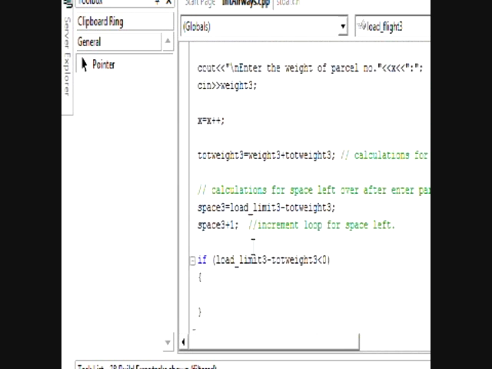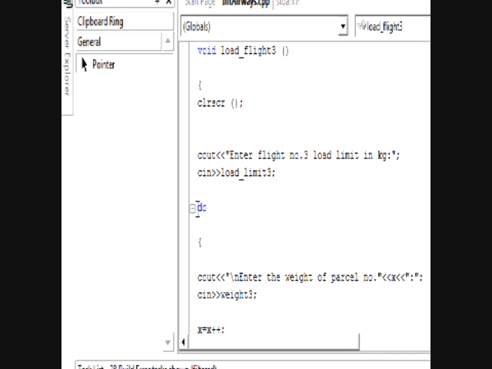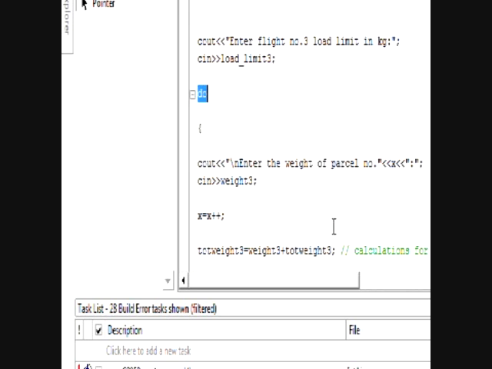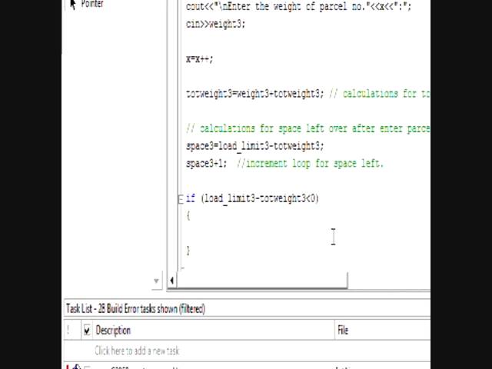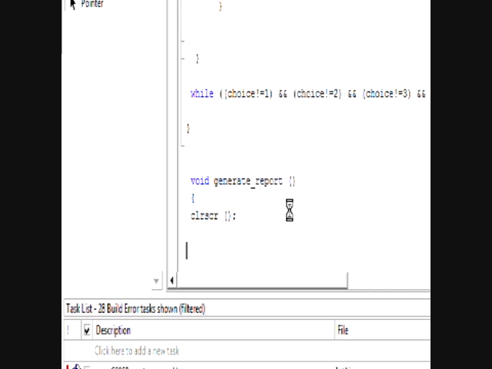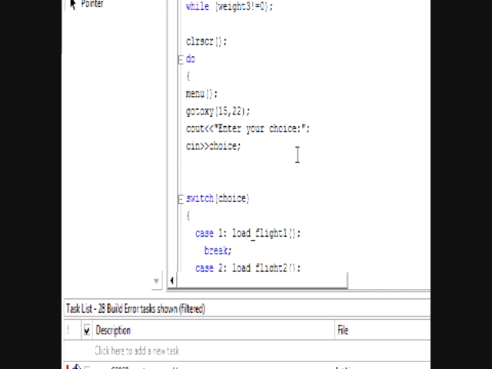So we will keep on looping our do loop to enter the weight of each parcel continuously, while weight 3, that's the weight of each parcel, is not equal to 0.